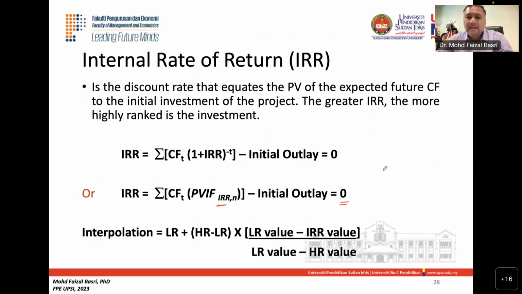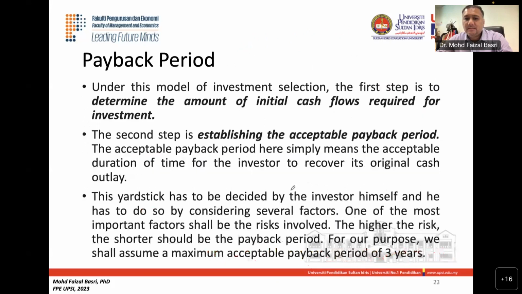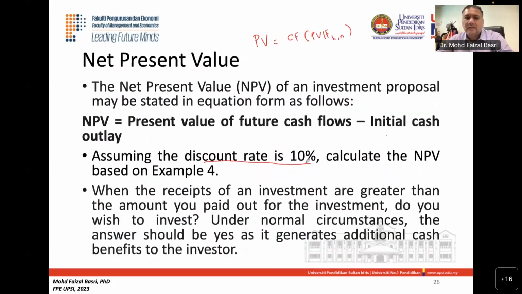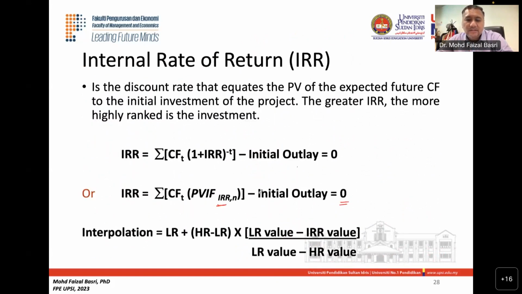Okay, the value to be 0, ataupun the value of IO dengan total cash flow to be the same value. So in order to get the actual IRR, we need to have this information.